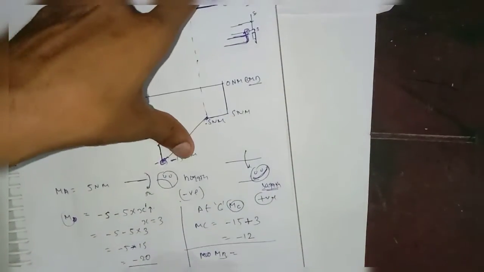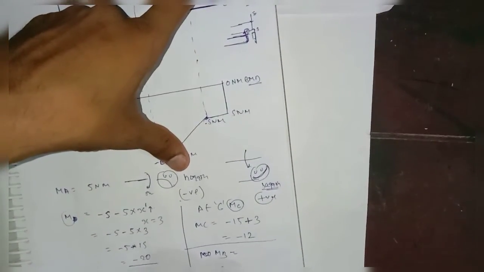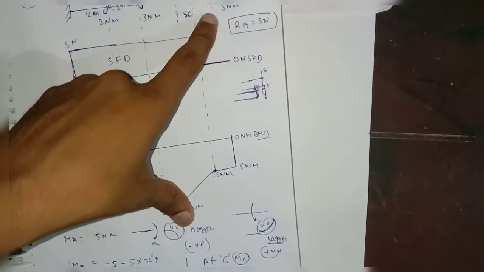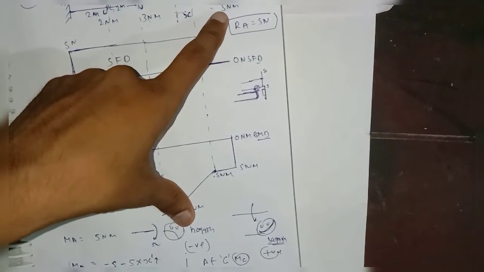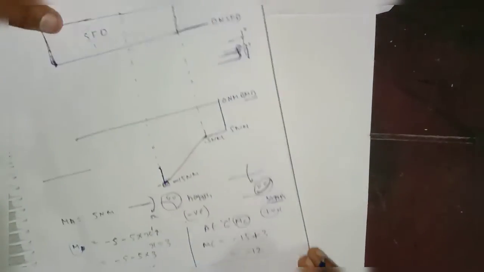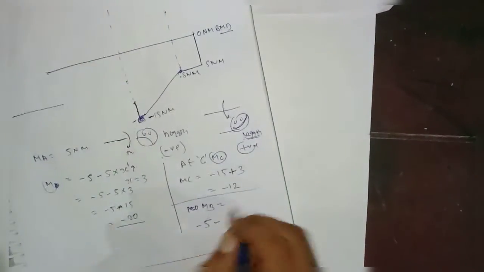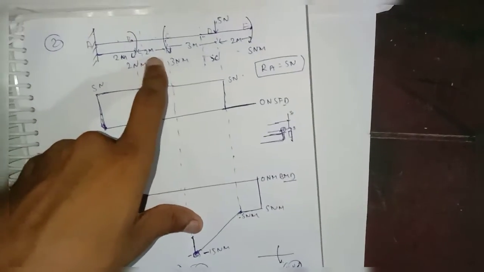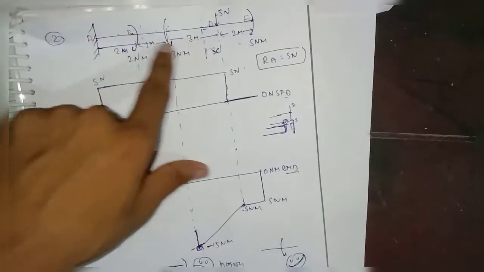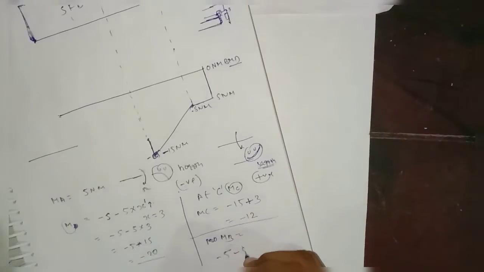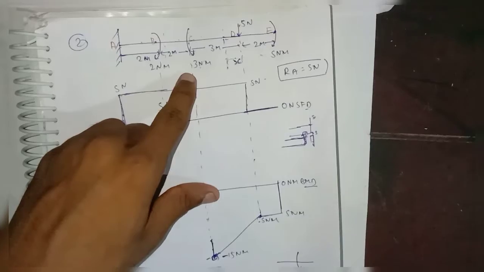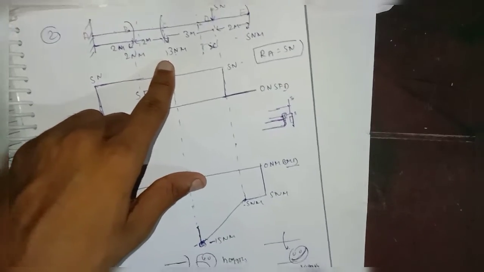So see, this is your 5 Newton, and the moment is minus, this is also minus, and next is 5 into 3 plus 2, so 5 into 5, and this 3 Newton is sagging, so I have to add this.